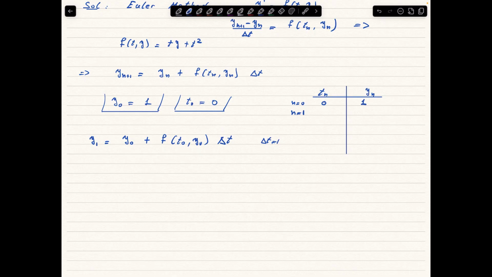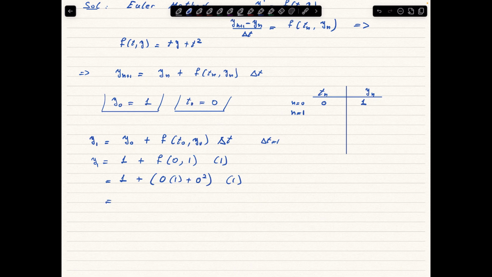So what we need to do is, y1 is going to be 1 plus f at 0, 1, multiplied by delta t, which is 1. So this is 1 plus, and now we put f here: 0 times 1 plus 0 squared, multiplied by 1.